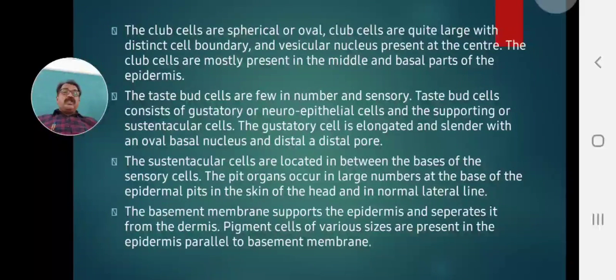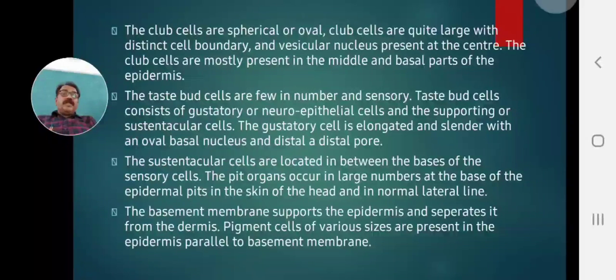An oval nucleus, and a distal pore is present. Such type of taste bud is present in fish, Wallago, the freshwater shark. The sustentacular cells are located in between.